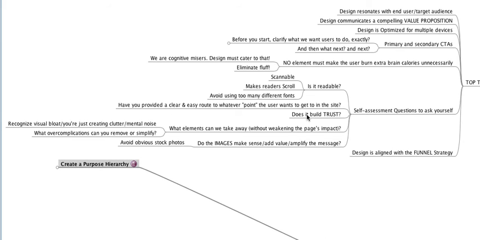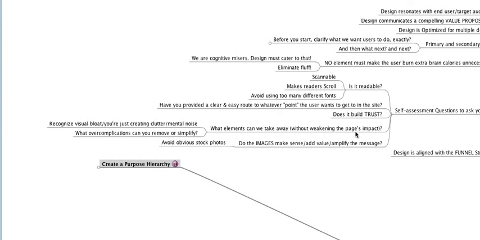And another important thing is, does it build trust? When you build a homepage, one of the main things that it needs to fulfill is to create trust in the influencer, right? And that involves social proof. So the homepage, it's very important for it to have social proof.